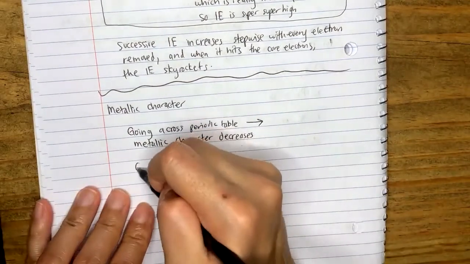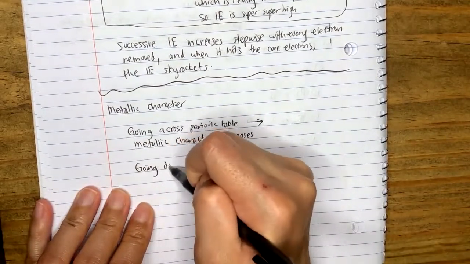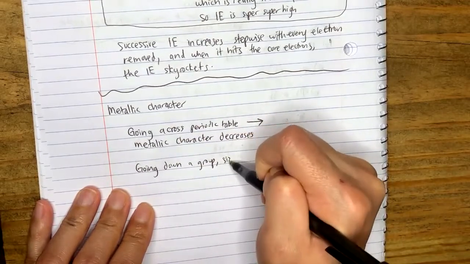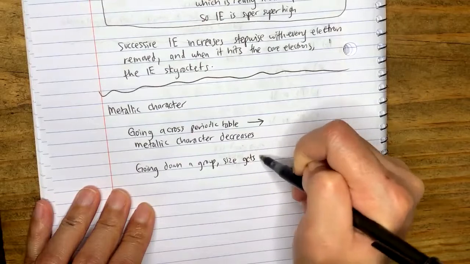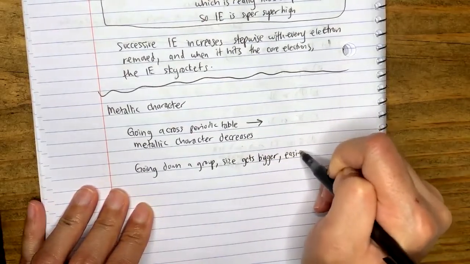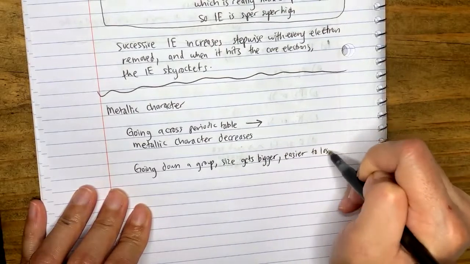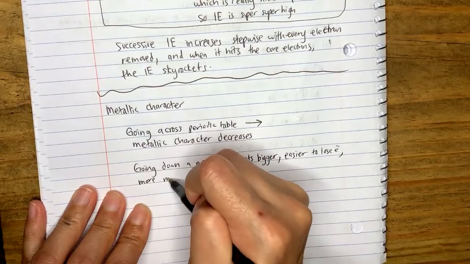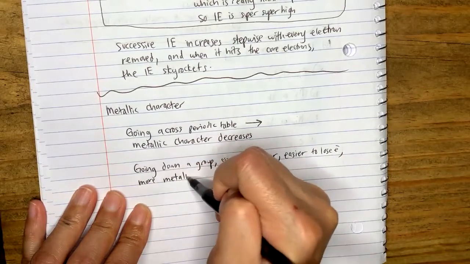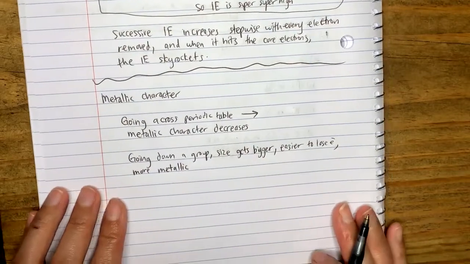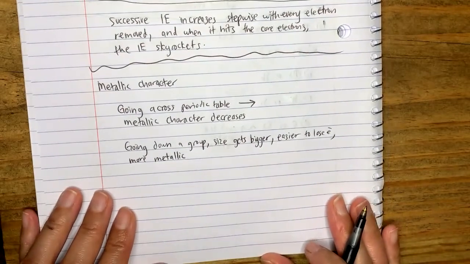Okay, and then going down a group, size gets bigger, easier to lose electron, means it's more metallic. Because one of the common signatures of a metal is it likes to lose electrons to form cations.